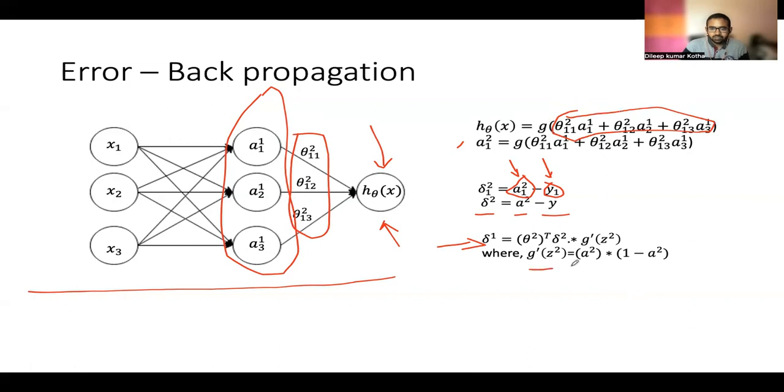So g prime of z2 is nothing but the value of a2 here multiplied by 1 minus a2. So using this, we can get the error values at layer 1. So at this layer also, we got the error value.